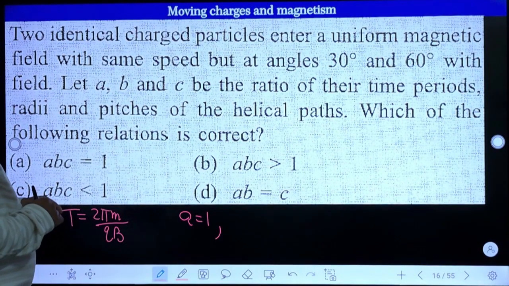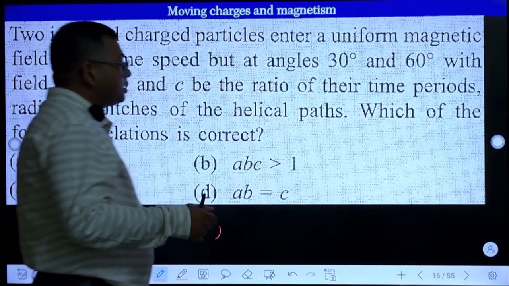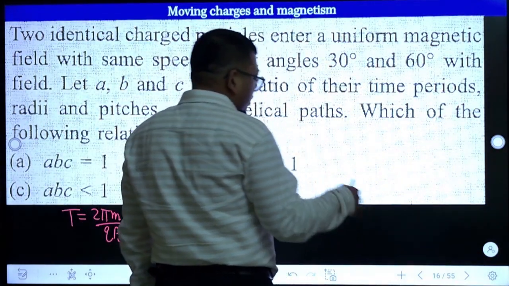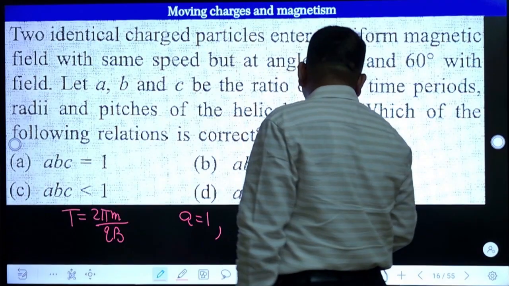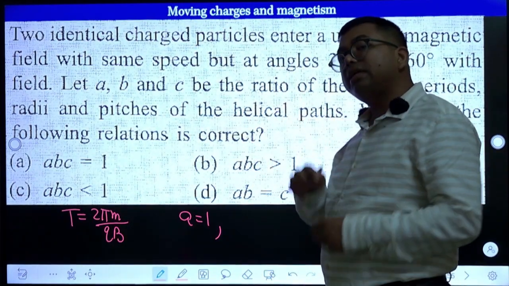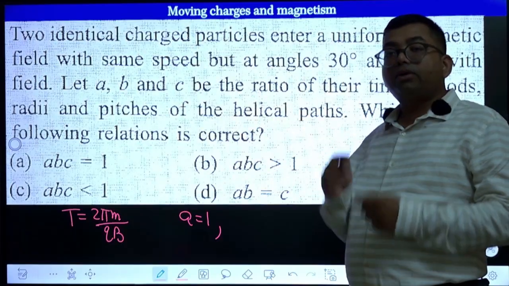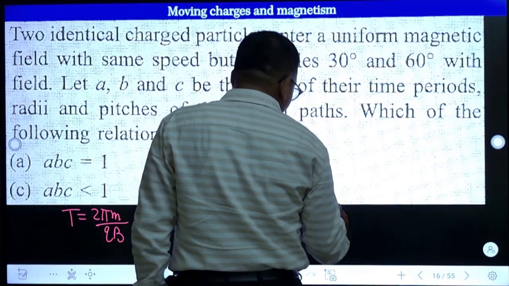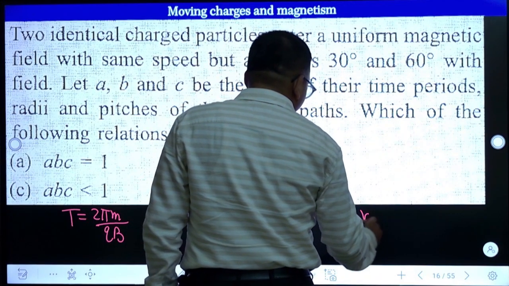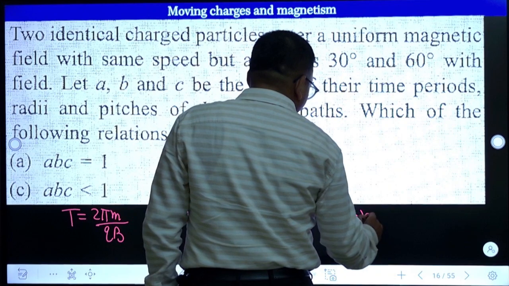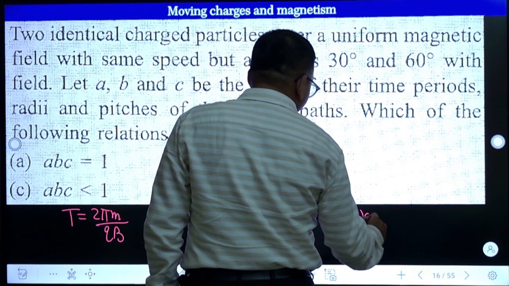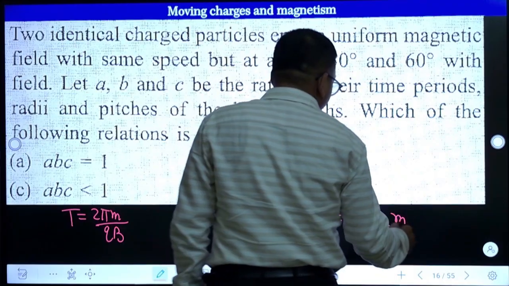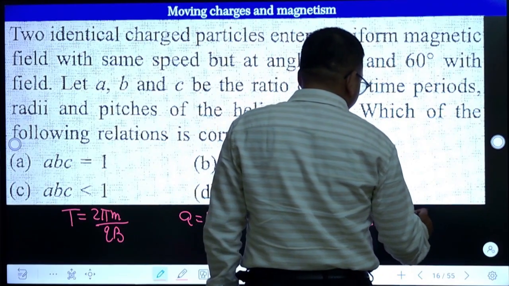B is the ratio of the radius. Radius depends on what? What is the radius formula? The radius in the helical path happens due to the perpendicular component of velocity. So radius is mv by qB, but v is the perpendicular component of velocity, which is nothing but v sine theta.